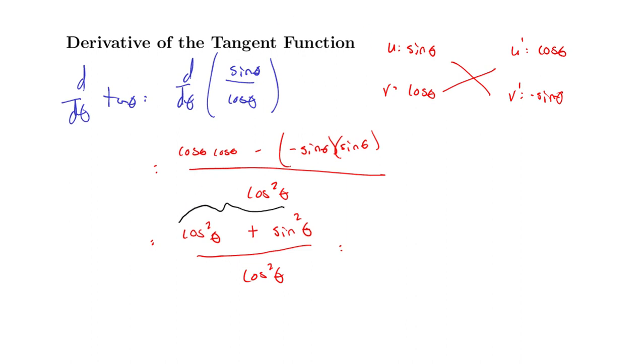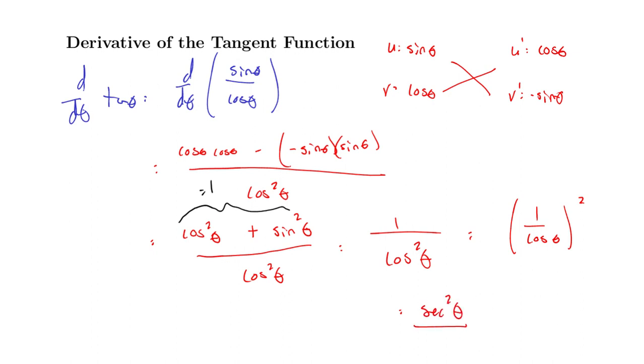You've probably seen this one before, but that's equal to 1. So we have 1 over cosine squared theta. If you want, you could think of that as 1 over cosine theta, squared. There we go. But 1 over cosine is secant. So most of the time, you'll see this written as secant squared theta. Neat.